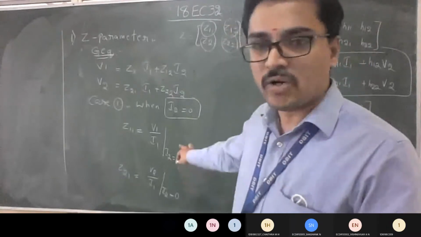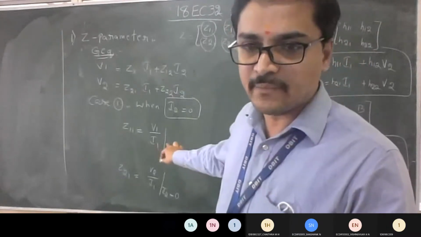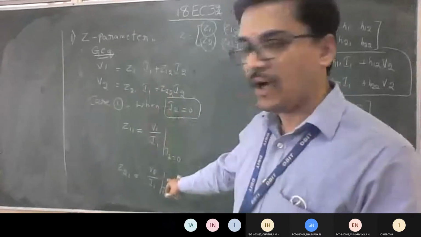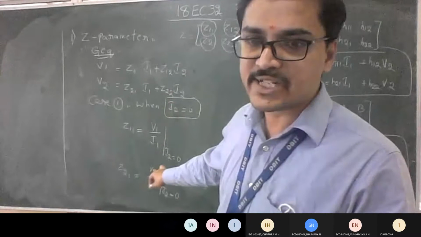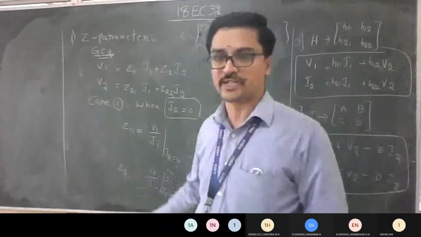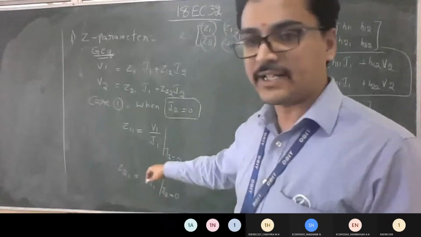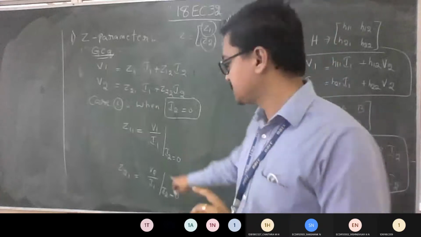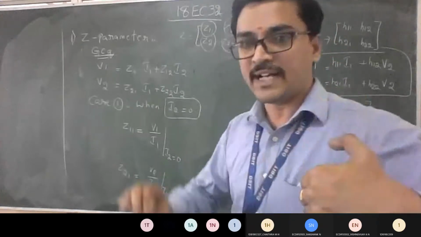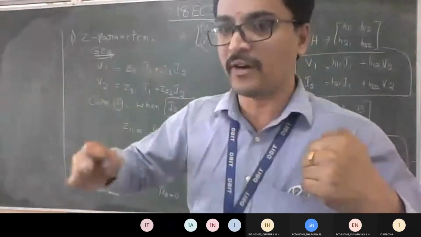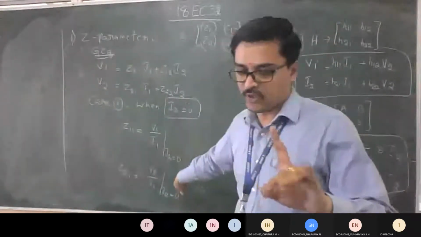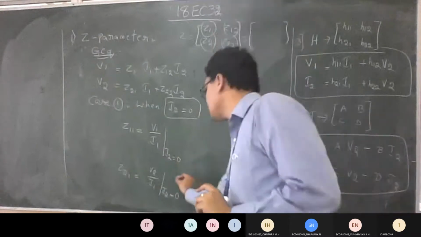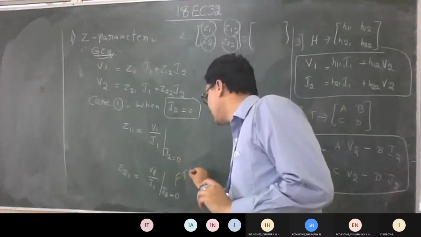I told you Z11 is the input impedance because it is V1 by I1, both input. This is the designation we are supposed to give to the individual coefficients along with the formula. Look at Z21: it is V2 by I1. I1 is I1 only, but V1 has changed to V2, meaning it has moved forward. So I can call Z21 the forward transfer impedance.